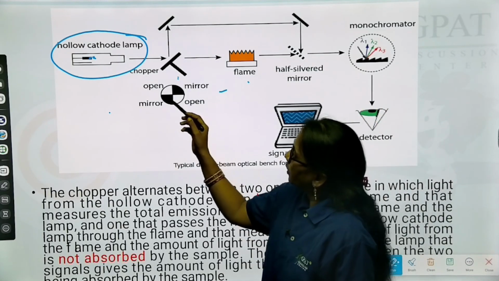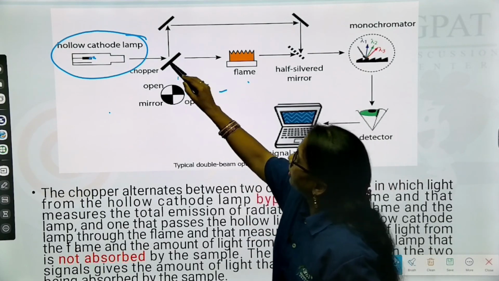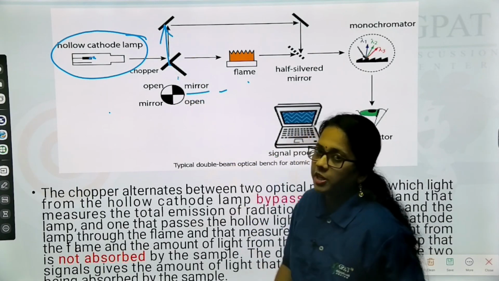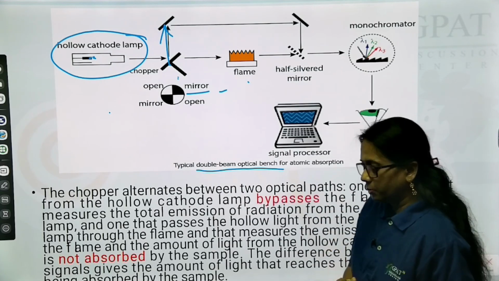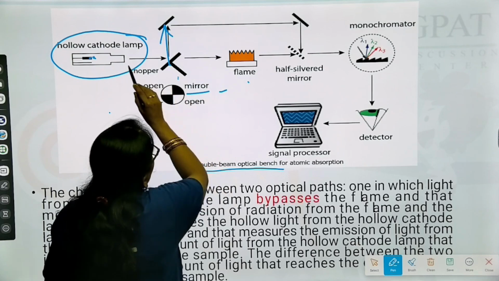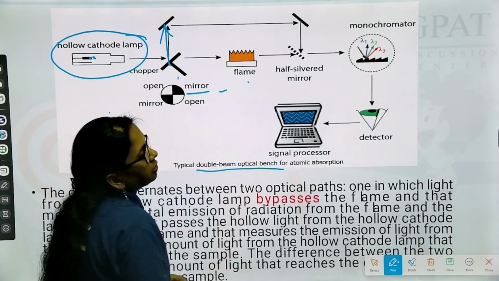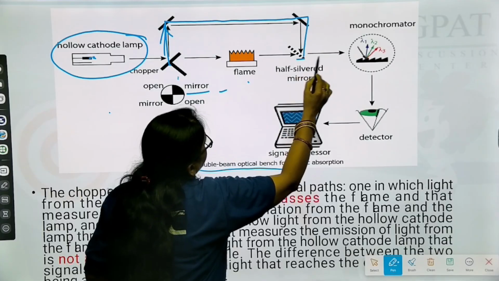And whenever we put this chopper in the mirror condition, what happens? It reflects this radiation towards the detector, because it is actually a double beam optical bench atomic absorption spectrophotometer. The radiation does not pass through the flame; it travels like this and reaches the detector.